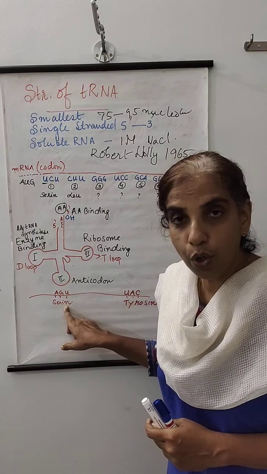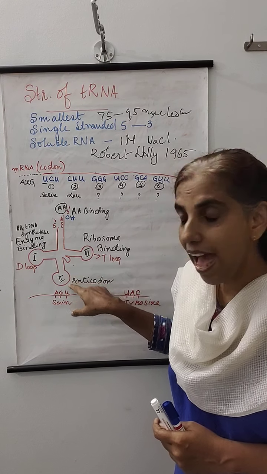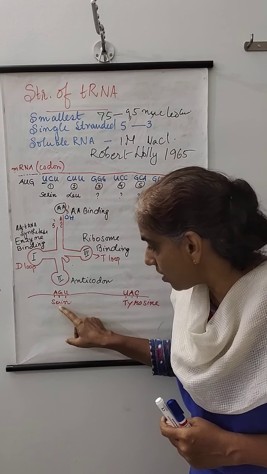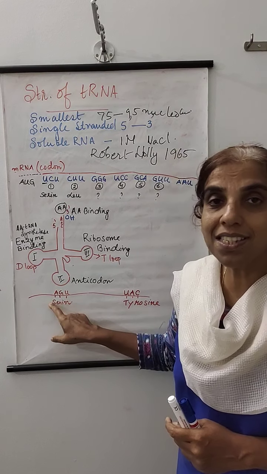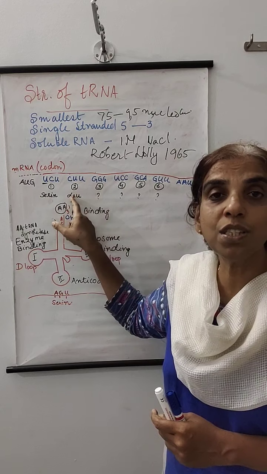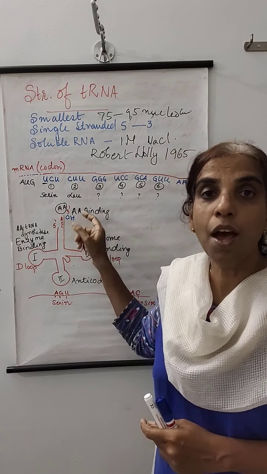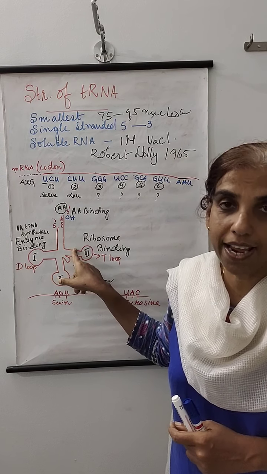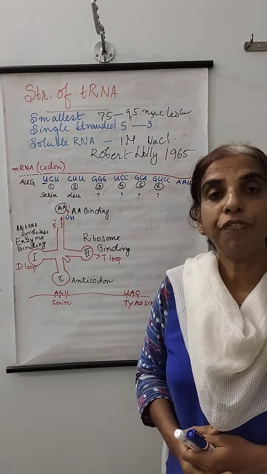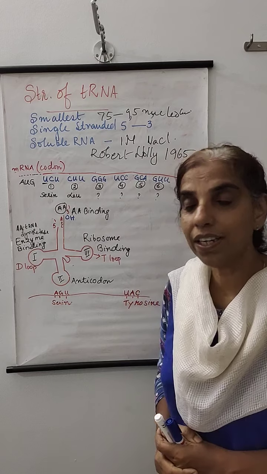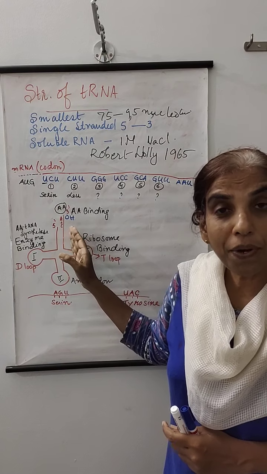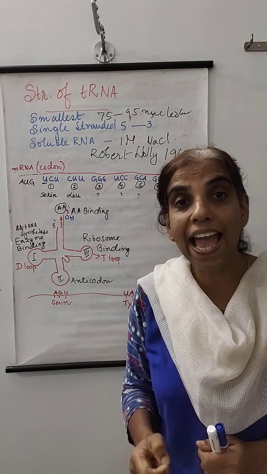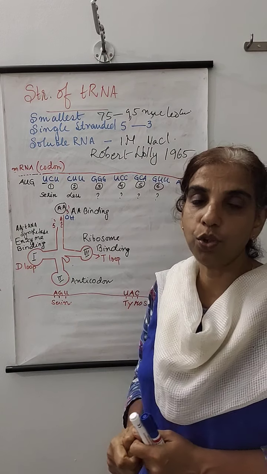So this codon and this anticodon are complementary. The codon will always correspond with the amino acid which is brought to the ribosome by this transfer RNA. Then Francis Crick gave a special position to this transfer RNA, that it can act as an adapter molecule.